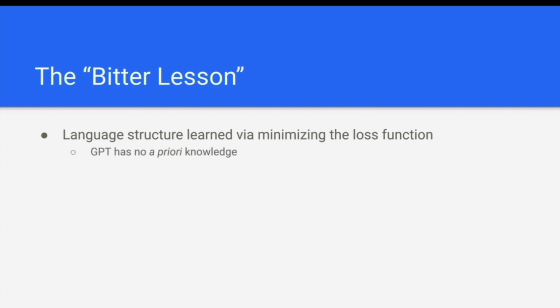And that is that these kinds of models don't start with any a priori structure, right? GPT doesn't know the structure of language. Its parameters are randomly initialized, and then it's optimized against the loss function. And so what it's learning are associations between words. It doesn't know ahead of time that there's something called subject verb order in English.